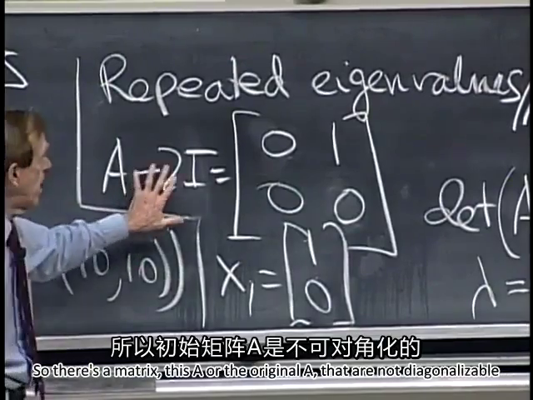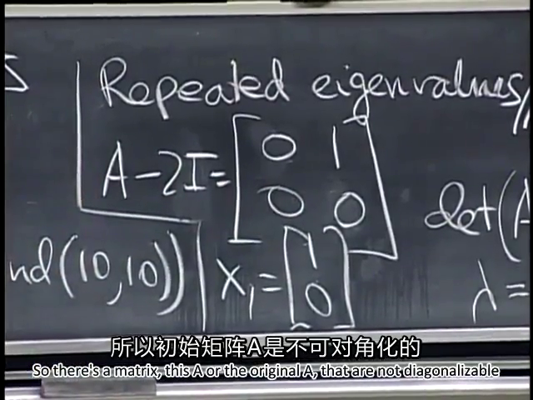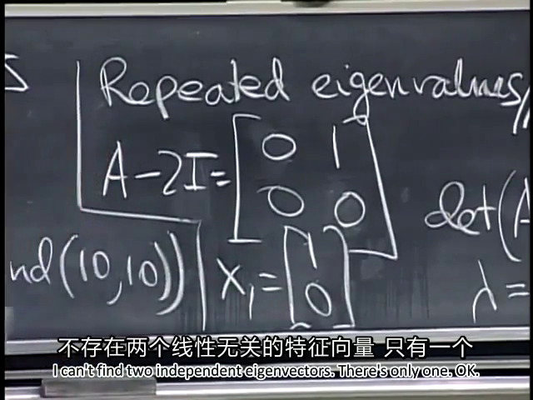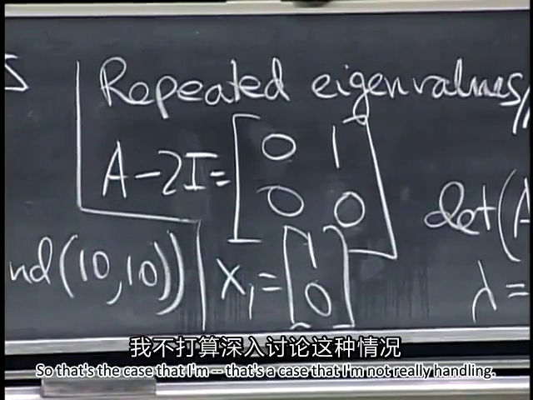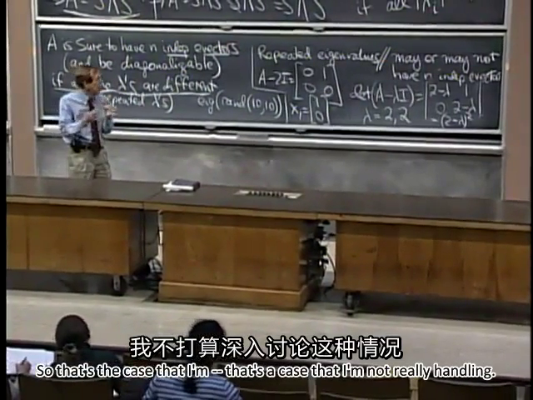So there's a matrix, this A or the original A, that is not diagonalizable. I can't find 2 independent eigenvectors. There's only one. Okay. So that's a case that I'm not really handling.